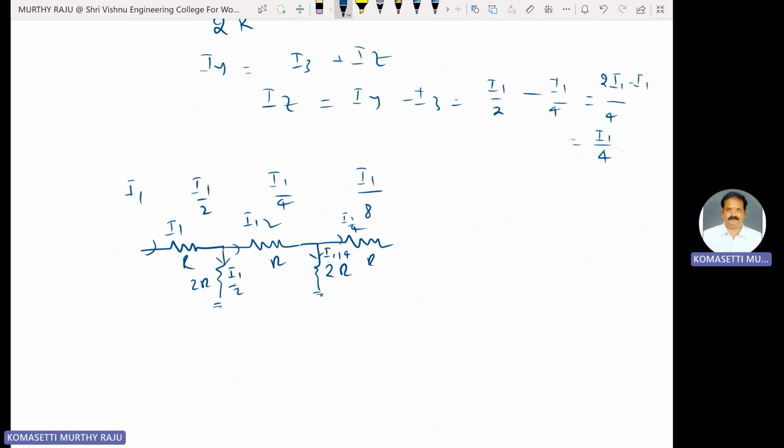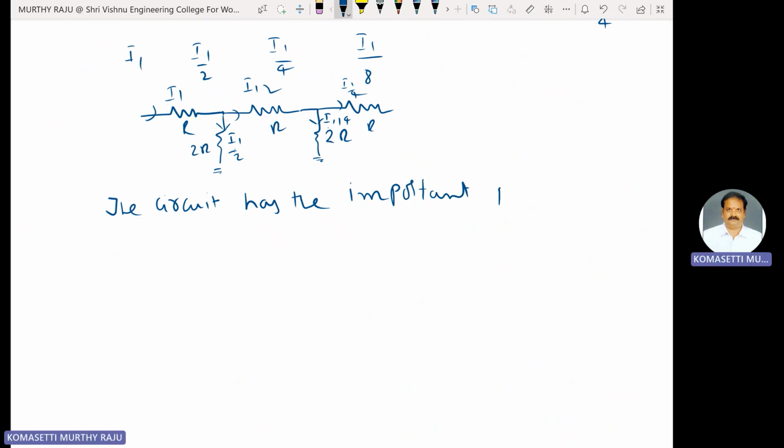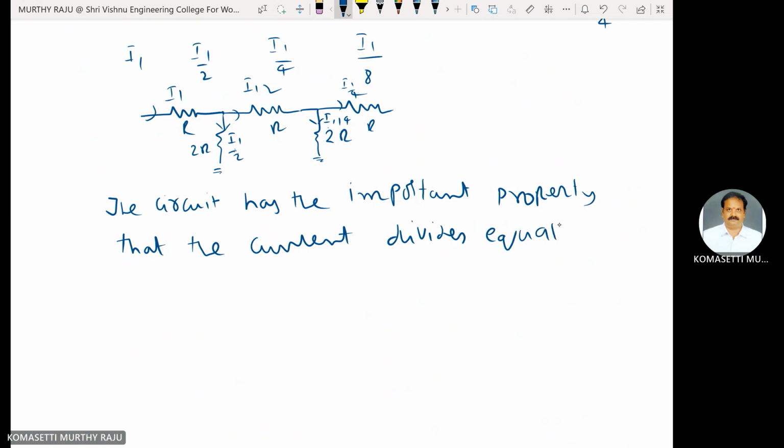This is the important property: the circuit has the important property that the current divides equally at each of the nodes.